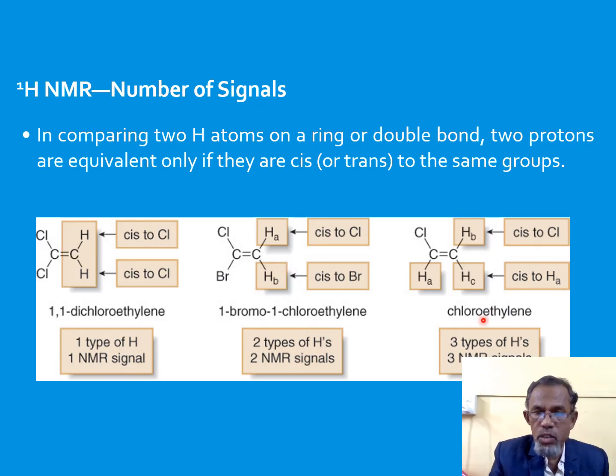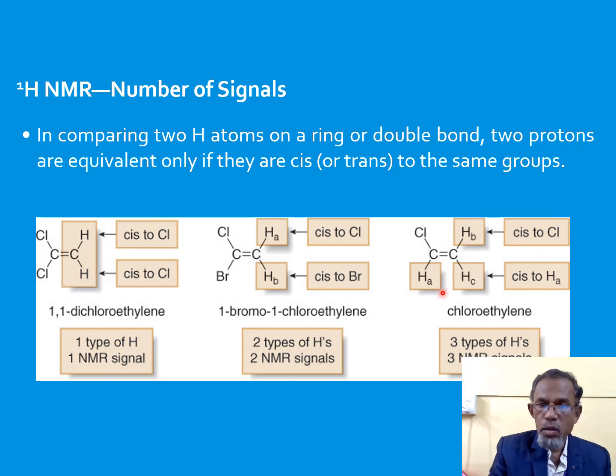And similarly, the third example, look at here, the most interesting, is the chloroethylene molecule. This chloroethylene molecule has got three protons, and the environment of the three protons is entirely different from one another. Thereby, I represented them here as Ha proton, Hb proton, and Hc proton.